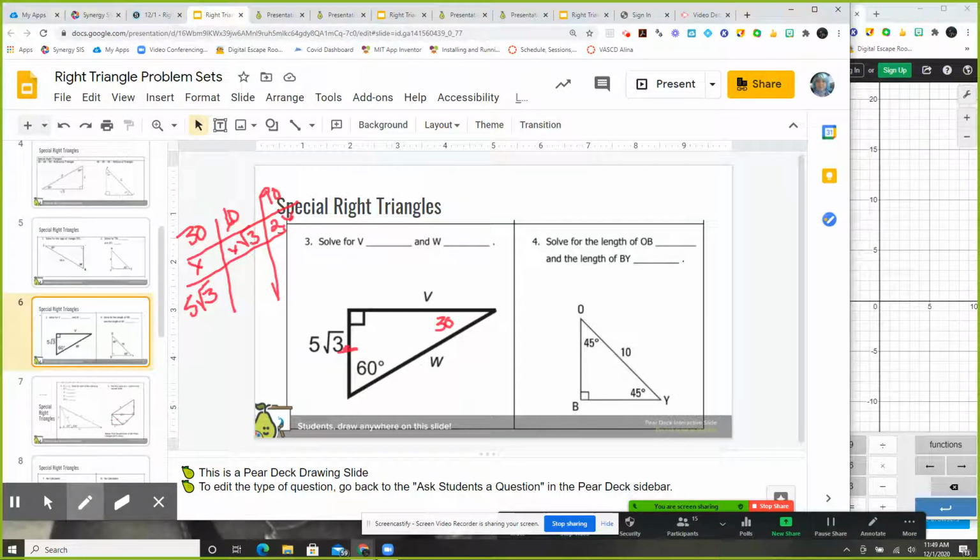If the 5 square root of 3 is my smallest side, which one should be double that? It is, yeah. So this side should be twice as big. So that should be 10 square root of 3 because it's going to be twice as big.